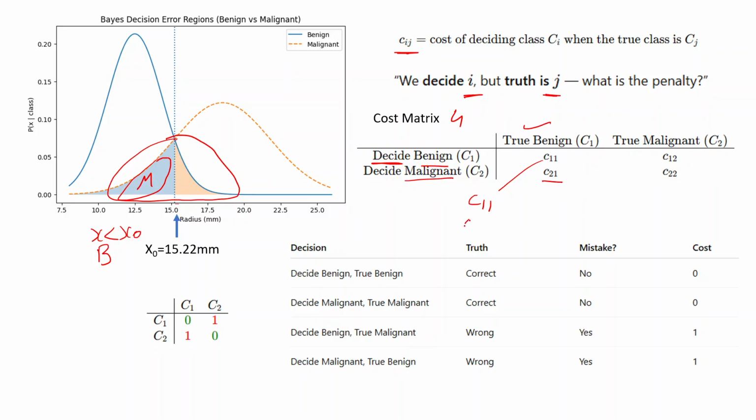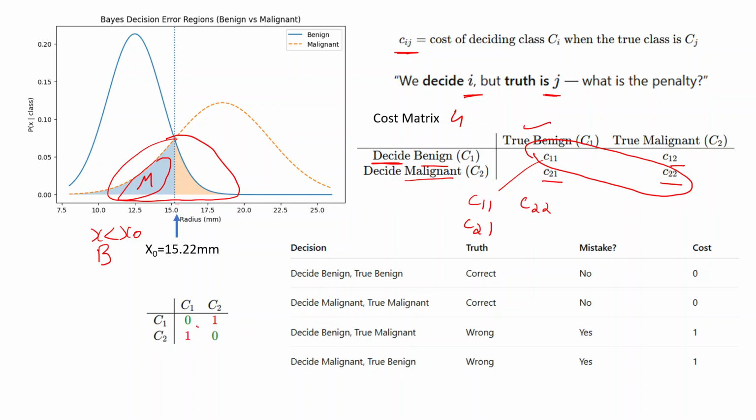When we take C21, the prediction is class 2, but actually it is class 1. Similarly, we get it for the malignant class. Now, C11 and C22 are the correct classifications, because we are deciding 1 and the truth is 1. Similarly, for C22, we are deciding 2 and it is actually 2.